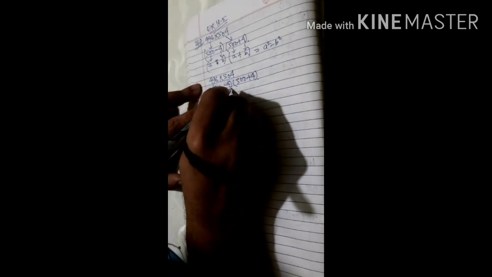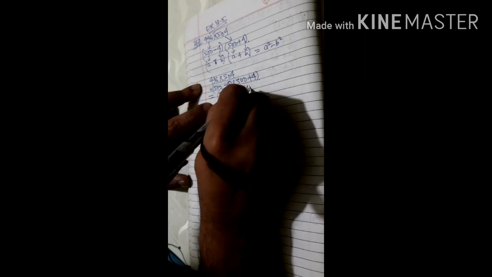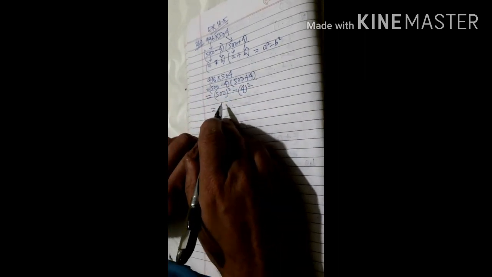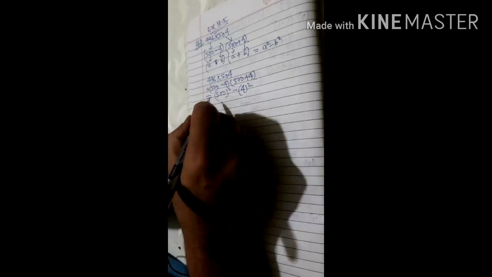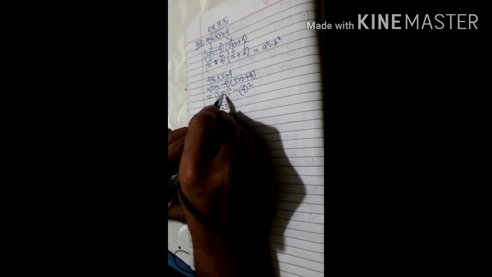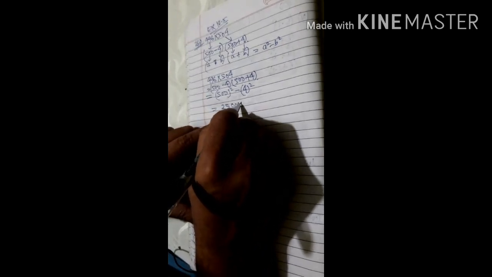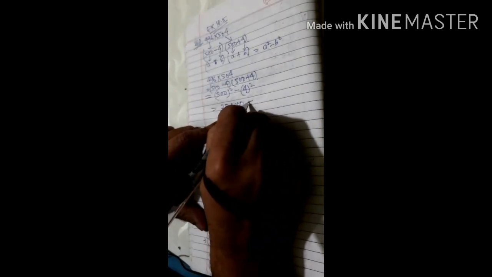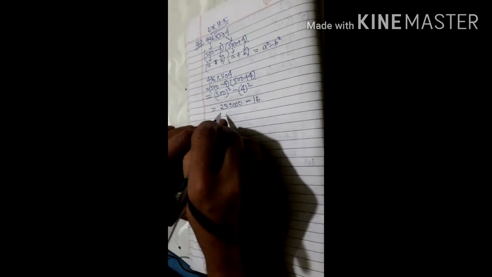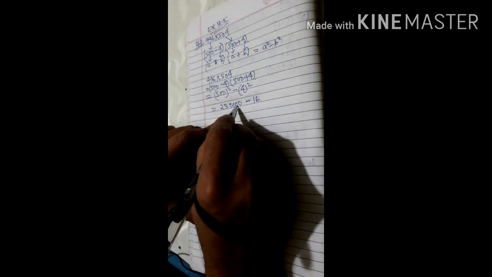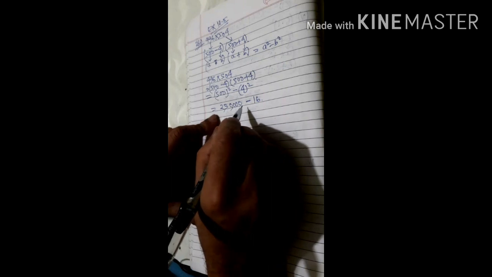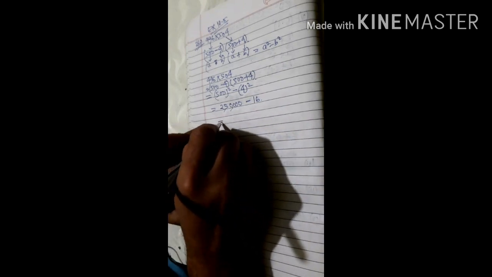What is 500 square? 500 multiplied by 500. 5 square gives 25, and with 4 zeros, minus 4 square, which is 16. So that is 250,000 minus 16. You just need to subtract this.